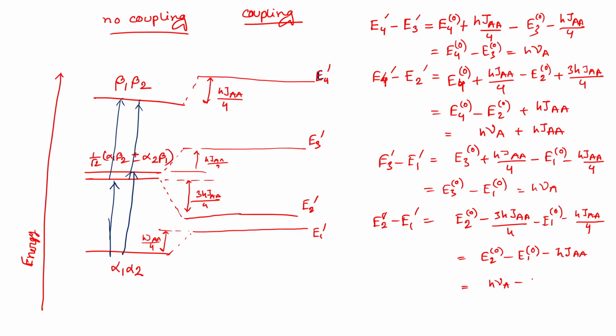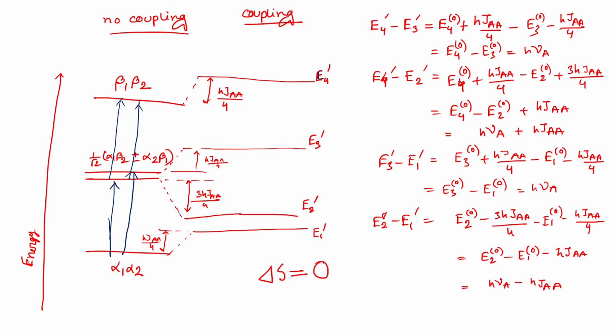So you expect some coupling, but here comes the fact, as you can see in your electronic states, one additional selection rule will now come into place, that is your delta S should be 0 for the allowed transitions, right? This was not the case in the AX system, because those are distinguishable spins.